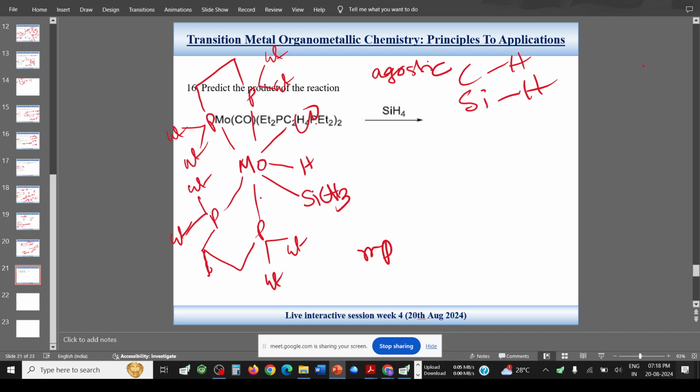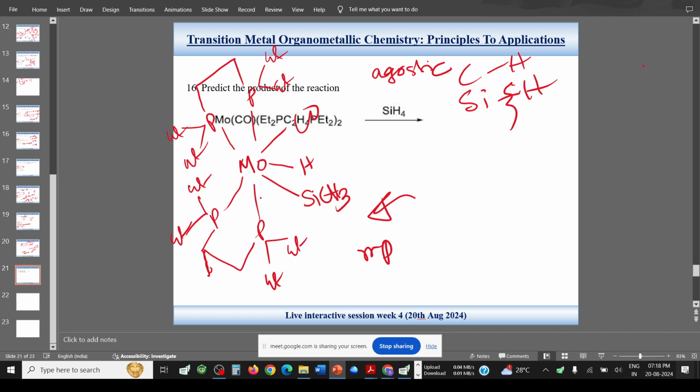We have the CH2PEt2 phosphine ligand, and this molecule is structurally characterized by X-ray crystallography, which proves that a hydride complex forms during the cleaving of this CH bond. That's why this reaction is very important.